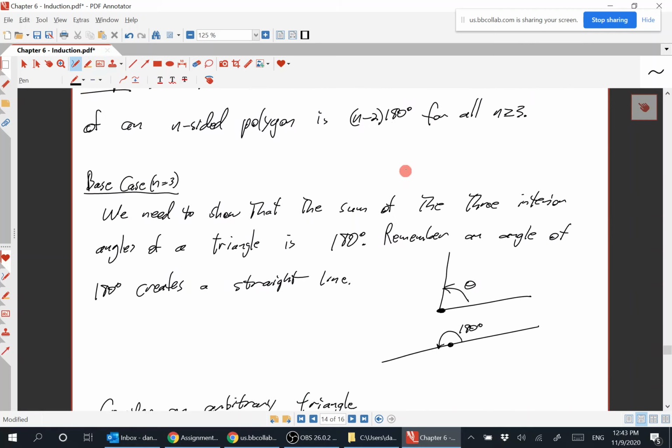So what letter shall I use to refer to the number of sides in a polygon? May I use n? Yes. Assume that for any n-sided polygon, and what's the range for n?